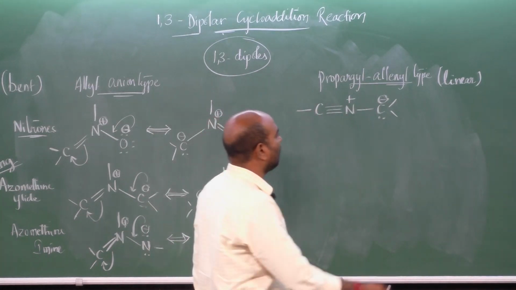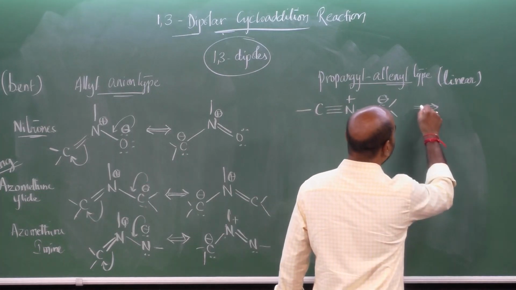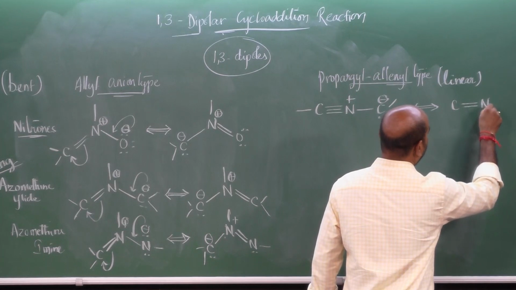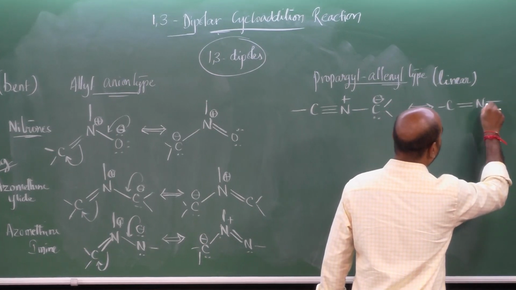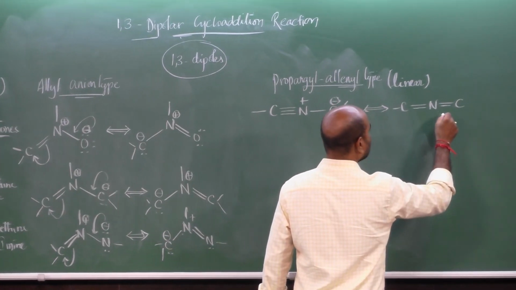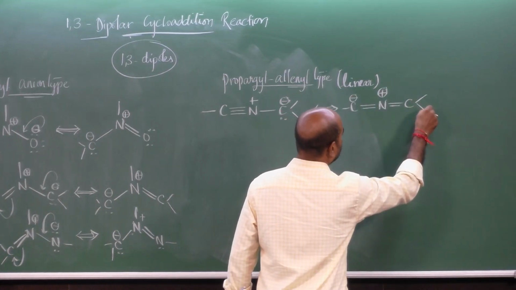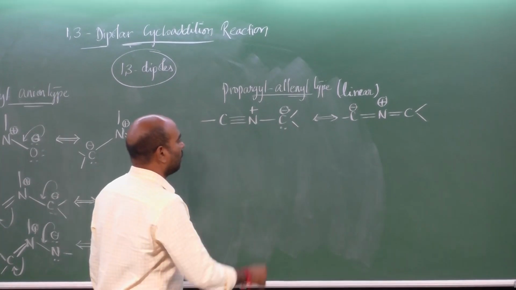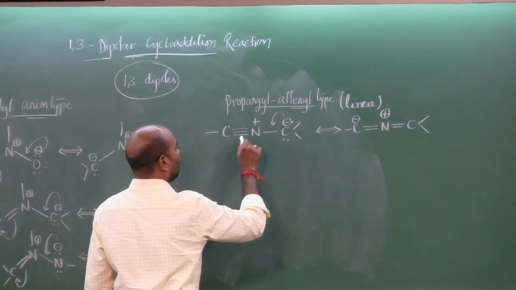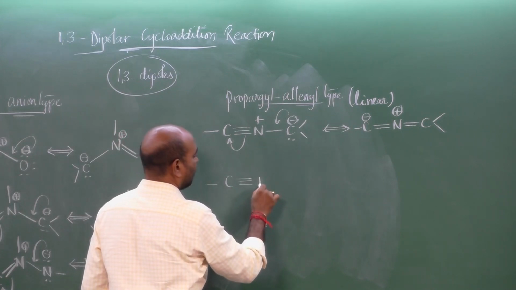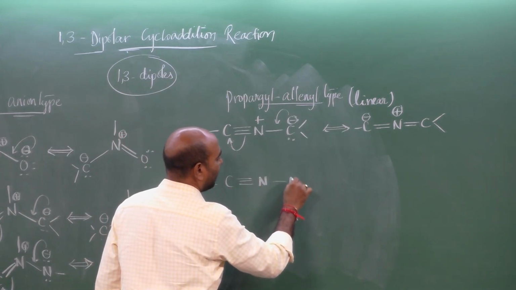Okay. Here again there is a possibility of a resonating structure, C double bond N double bond C, where the minus charge comes here and the plus charge there. So this is the nitrile ylide, and the other is nitrile imine.